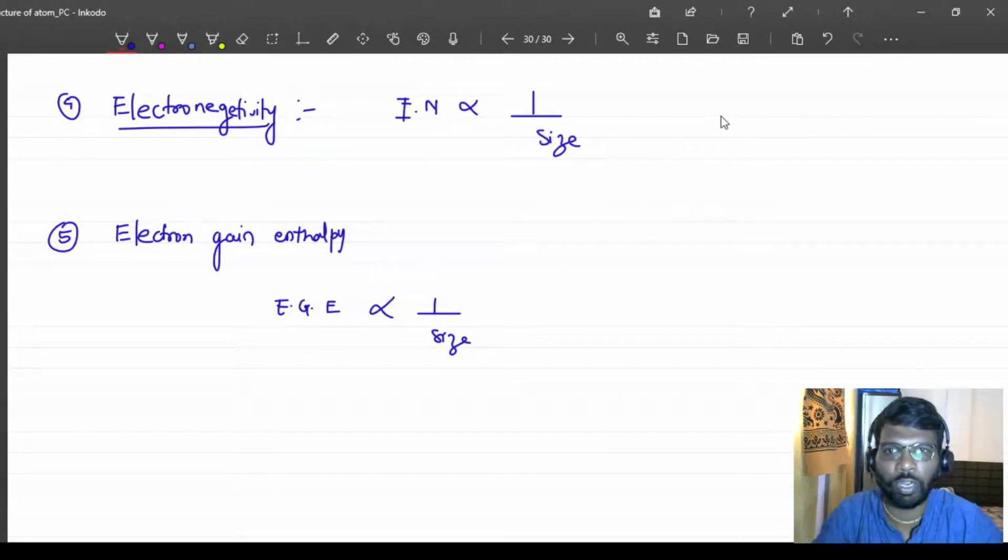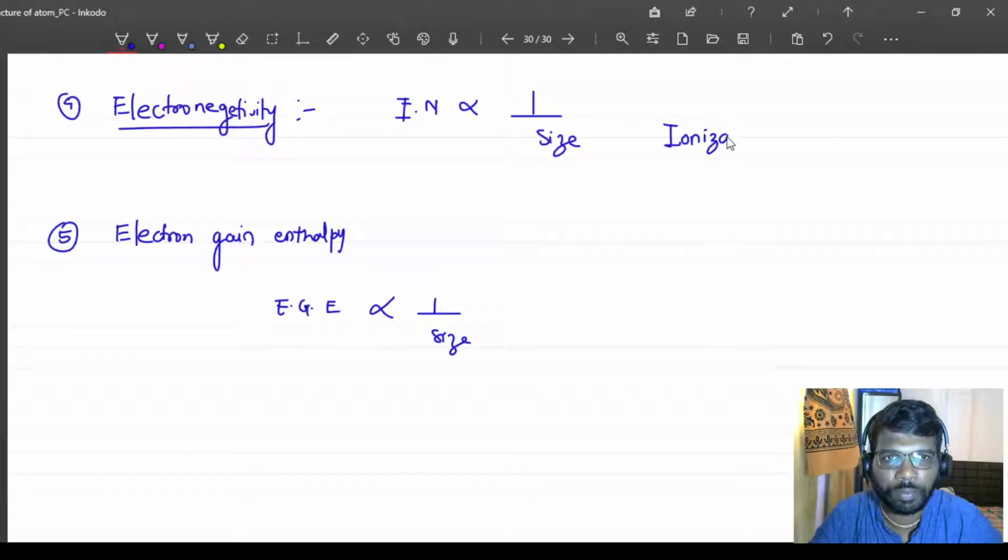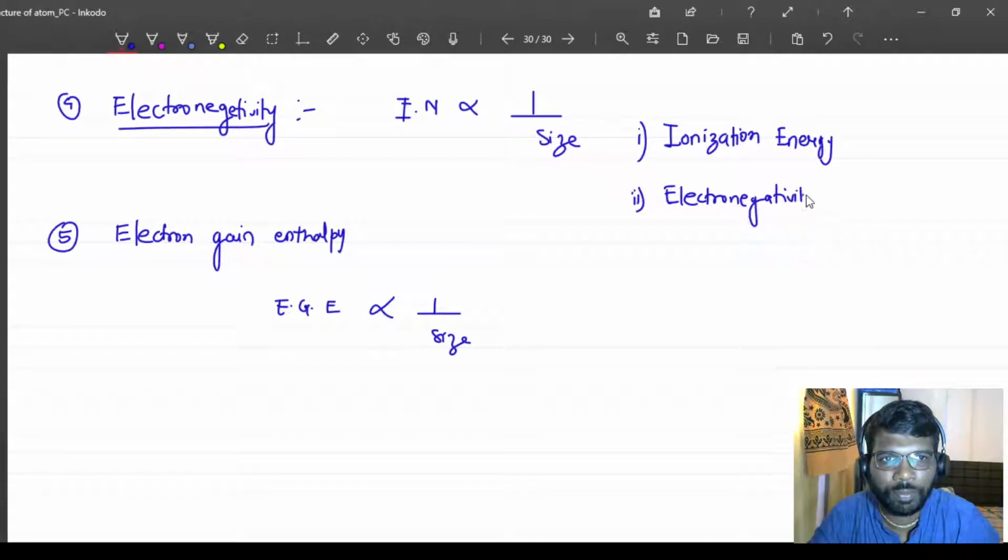So in short, what we can say is that the first is ionization enthalpy or energy, second is electronegativity, and the third is electron gain enthalpy.